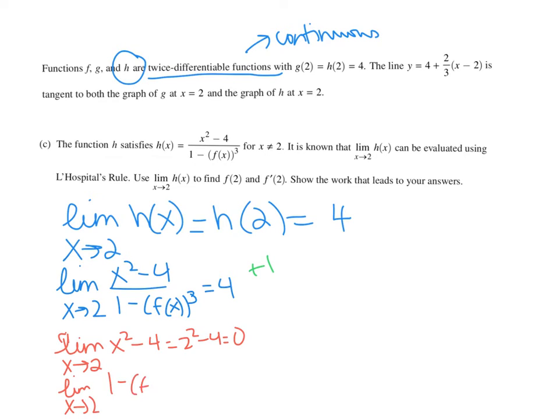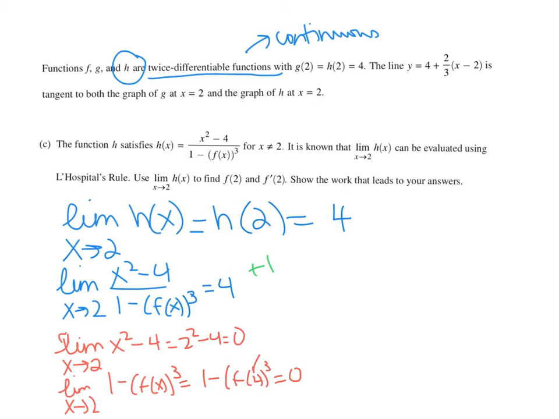We don't actually know what that f value is. If we substitute in 2, we end up getting this. However, since we know that we can use L'Hopital's rule, we know that this limit must equal 0.